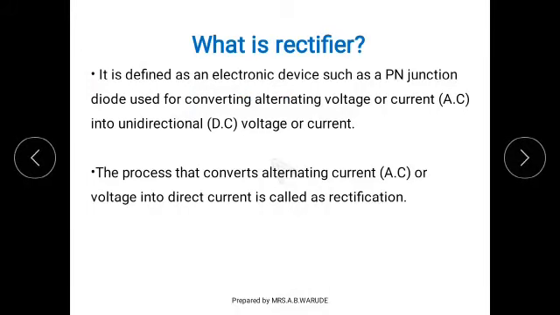Or you may say that it is an electronic device which is used for converting AC voltage into DC voltage or AC current into DC current. And the process that converts alternating current or voltage into direct current is called rectification, and the device used is called a rectifier.